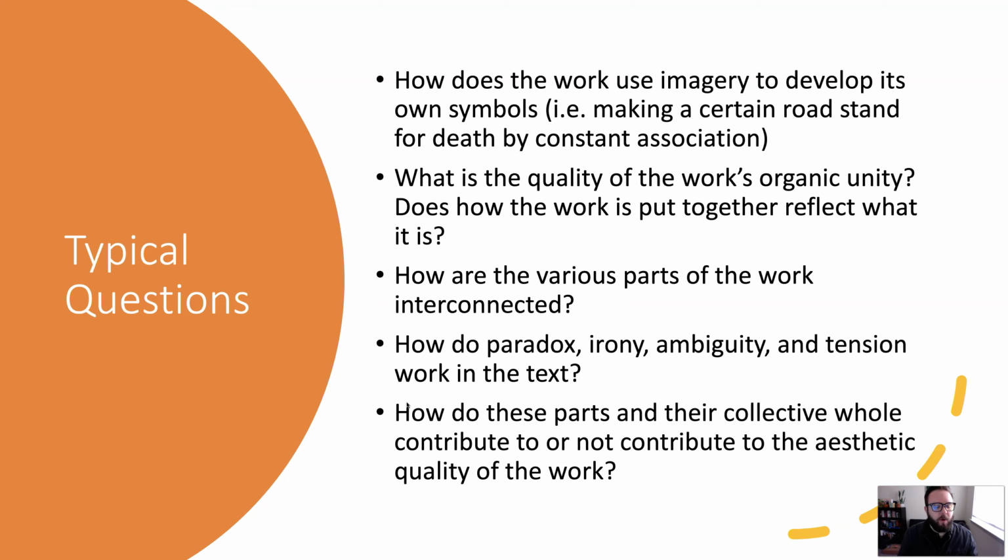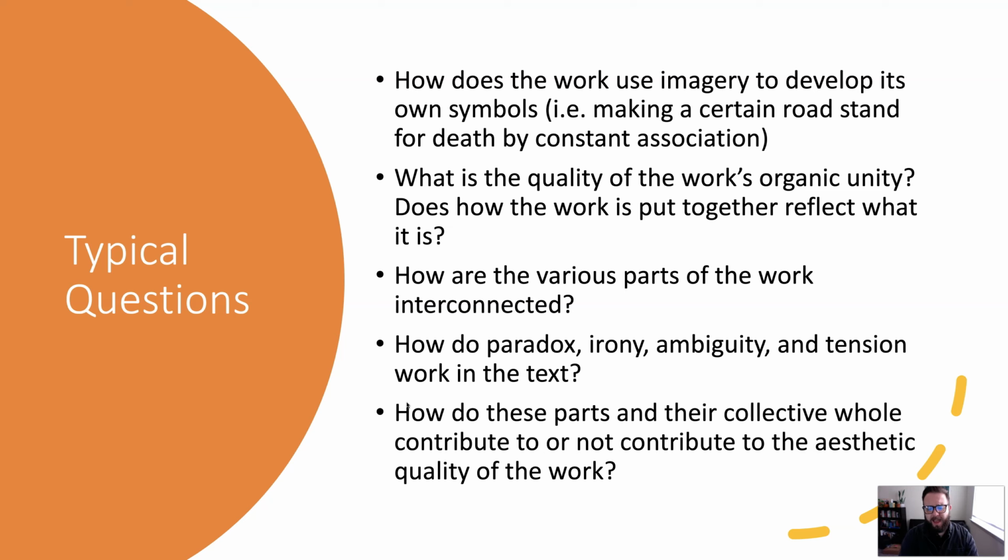Important to point out, when we're thinking about doing new criticism, when we're thinking about formalism, we're looking extremely closely at a text. When we talk about doing close reading, this is really what we're talking about doing. Looking at, word by word, punctuation, paying particularly close attention to these things.